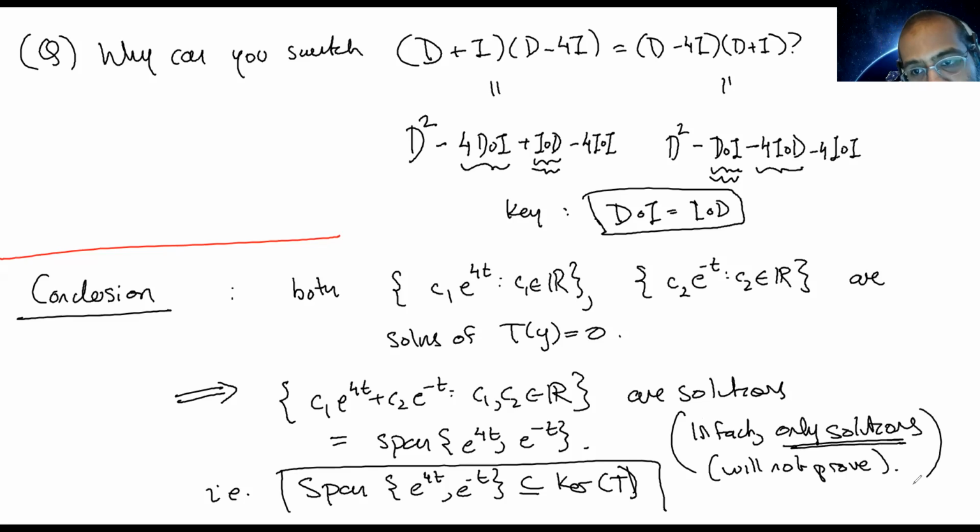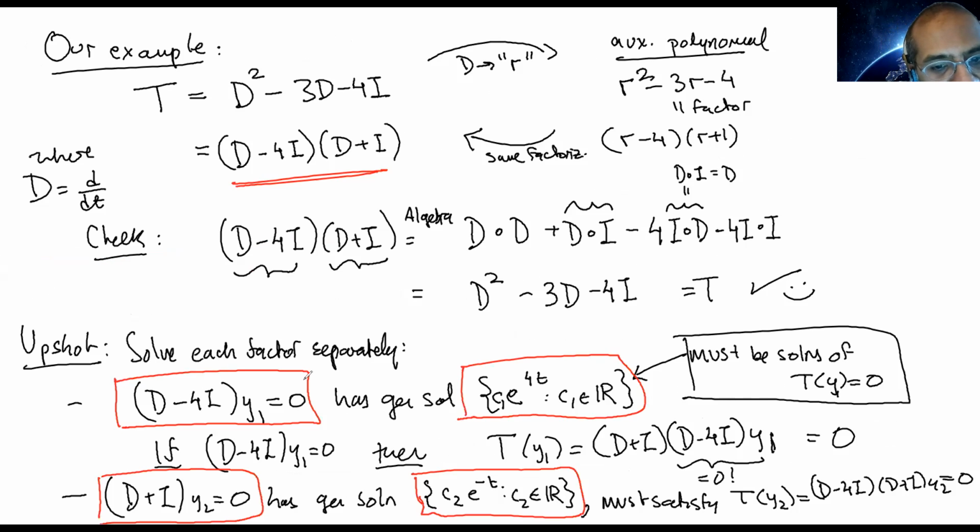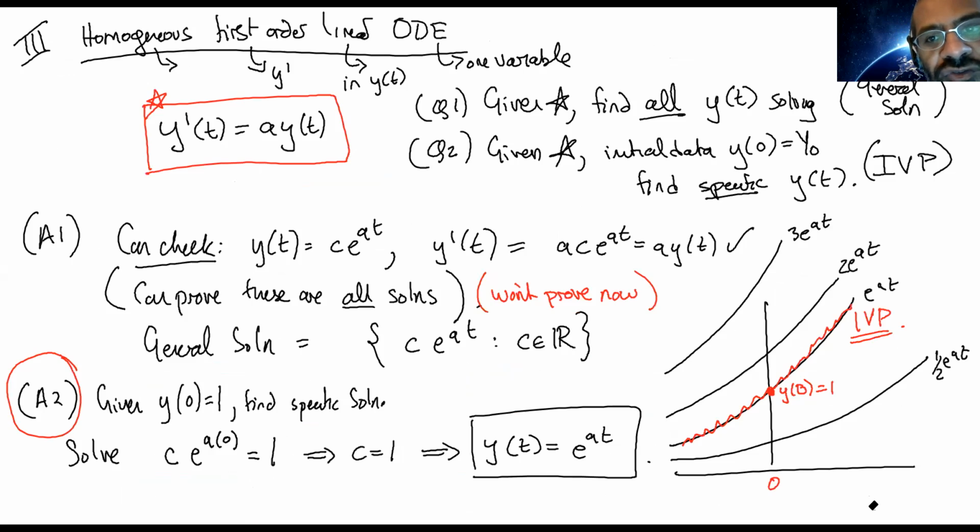But what's the summary? How did you obtain 4 and minus 1 for the values again? Well, you obtain 4 and minus 1 by solving these two boxed ODEs. And these are first order ODEs. So we go back to our homogeneous linear ODE of first order.